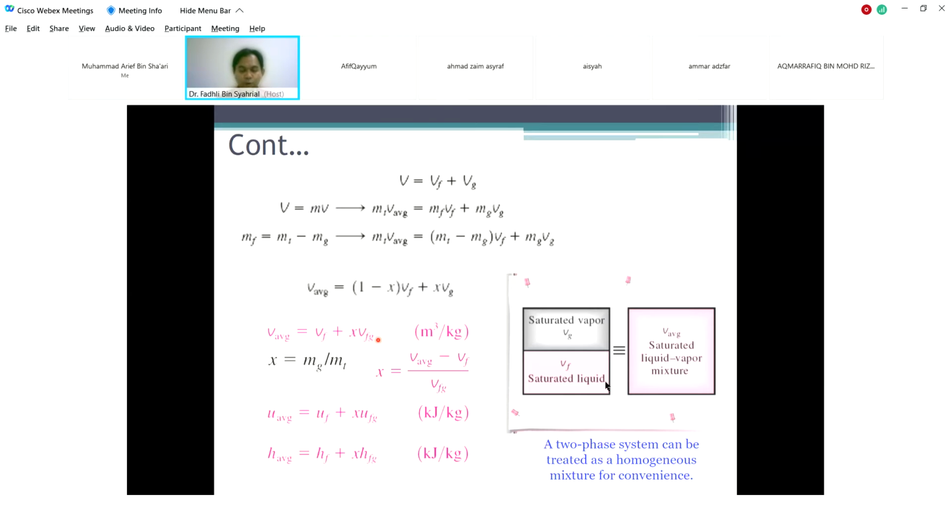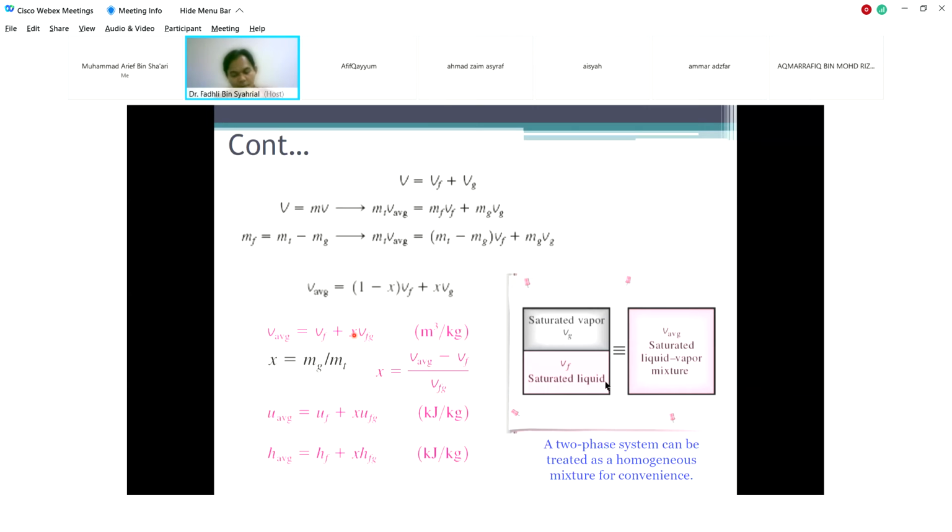In the specific volume column, they are separated into two, Vf and Vg. Vf is the value we can get from the table, while for Vfg, you have to subtract Vf from Vg. Then you will get Vfg.